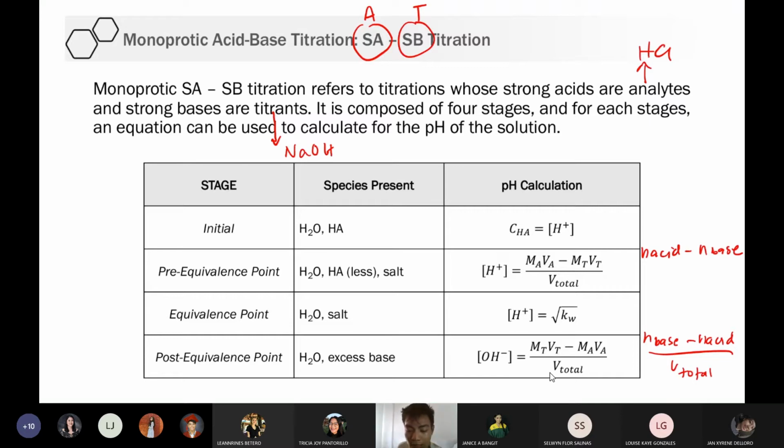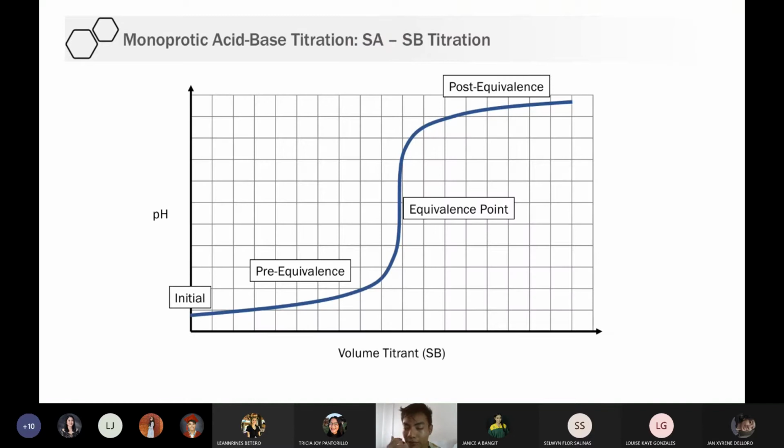So, let's apply that in, ito pala yung graph na. If you graph the pH with respect to the volume of titrant added, ito yon initial, then slowly, magi-increase yan kasi nagdadagdag ka ng titrant. So, nanuneutralize yung acid. And then, after the slow increase, bigla yung magkakaroon ng sudden change sa slope.